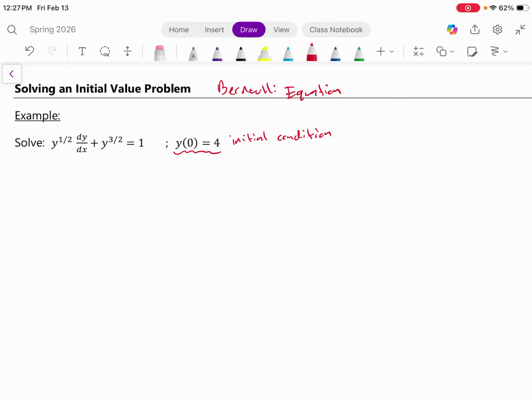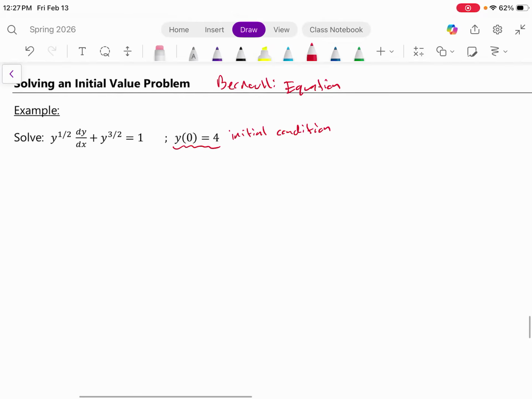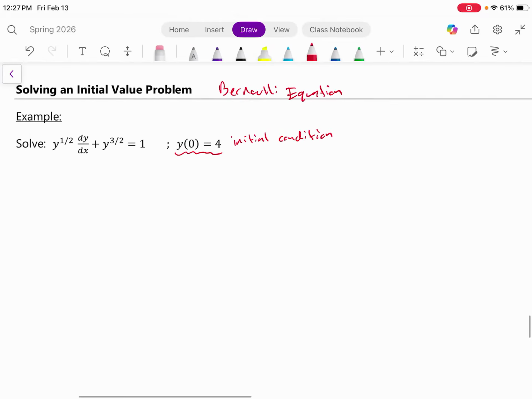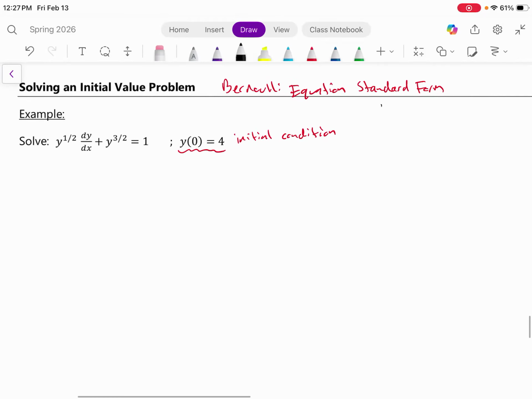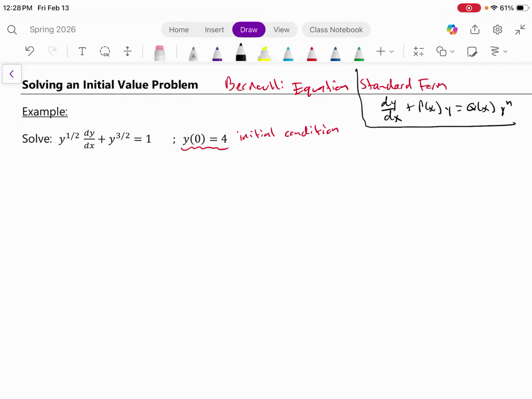Bernoulli equation, standard form: dy over dx plus p of x times y equals q of x times y to some power. Okay, so that's our standard form.